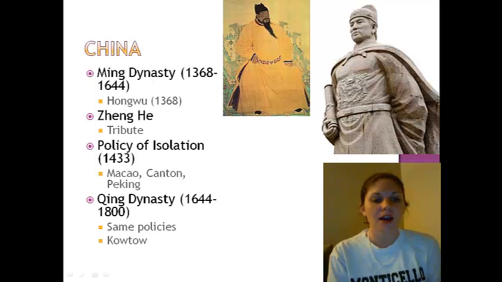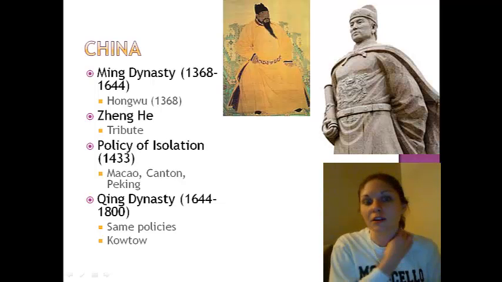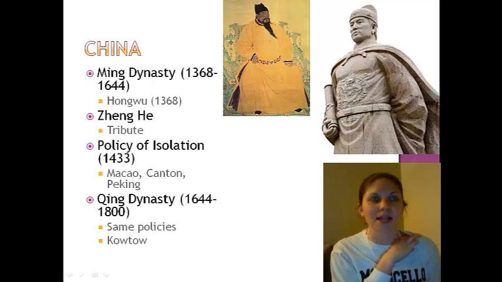But there is a practice, especially under the Qing dynasty, known as the kowtow. This is essentially that when these countries come, they're expected to pay tribute, like we said, pay the Chinese to have the right to trade with them. And the ruler of this foreign country, whoever it is, is supposed to kneel down before the emperor of China, the leader of China, and bow down and really show reverence and respect and submission to the Chinese ruler.